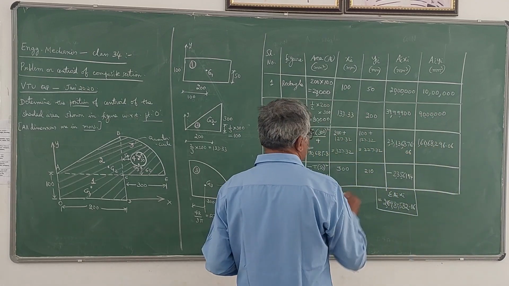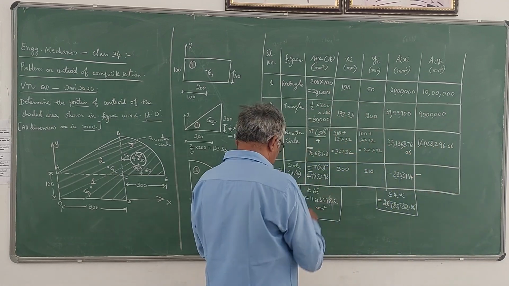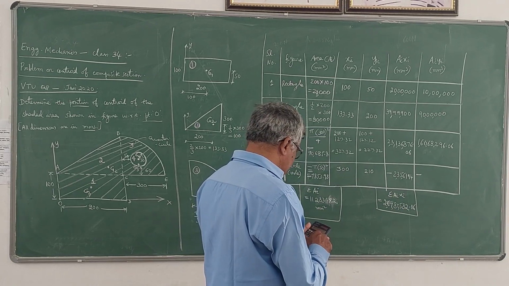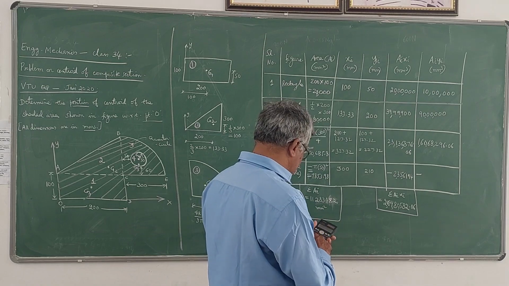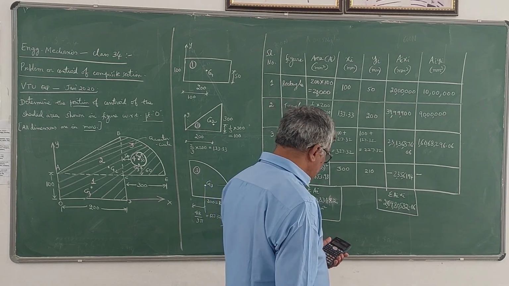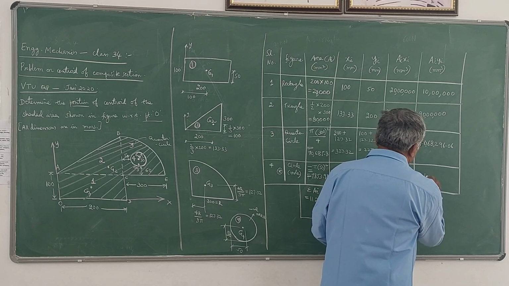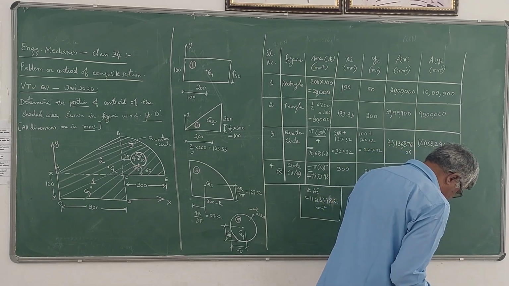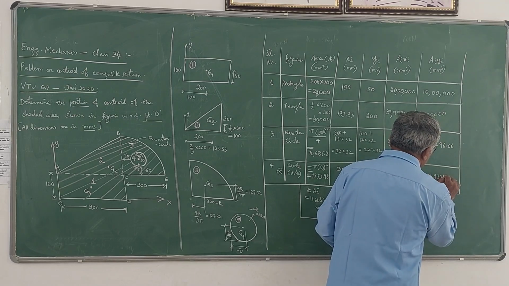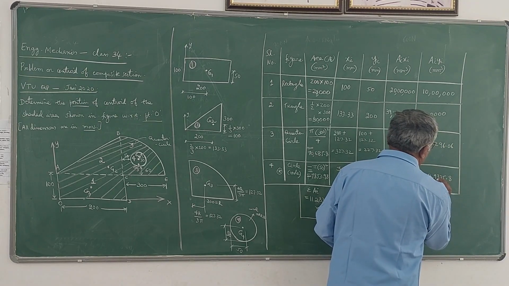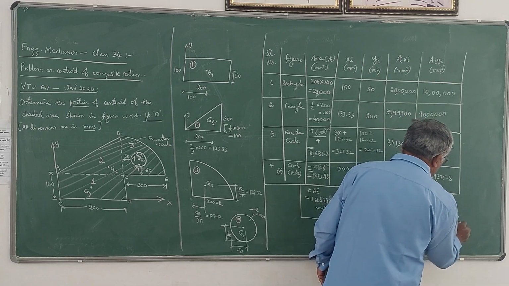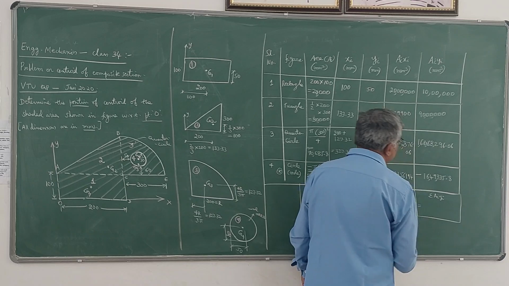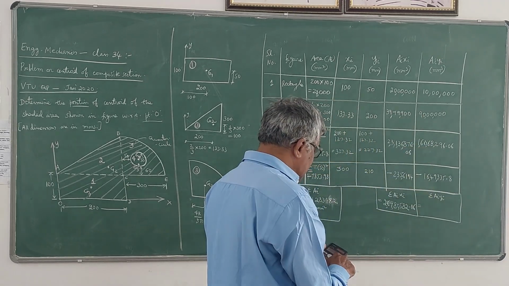Next, the last value is negative because the area is negative. Area is 7853.98 into y distance is 210. So it comes out to be 1649335.8. So this is the value. Now if you add this sigma AiYi you are going to get, the first three are positive, last one is negative.